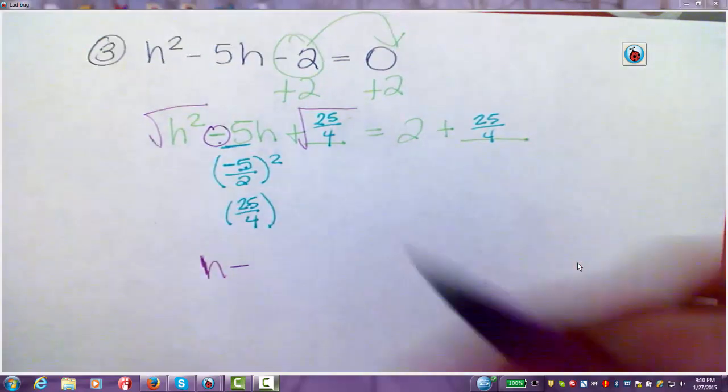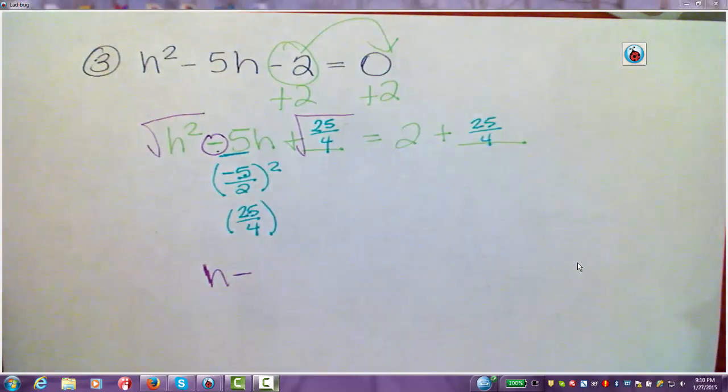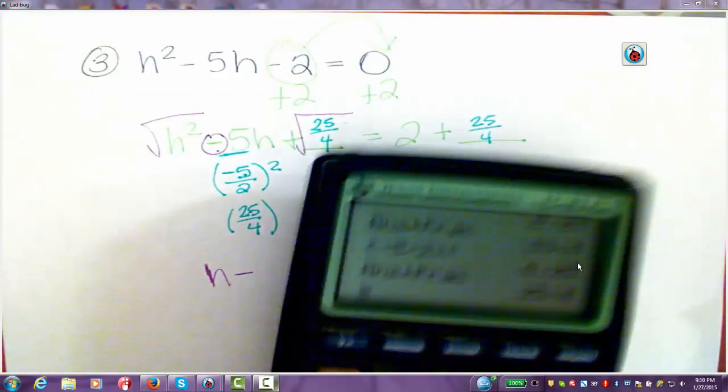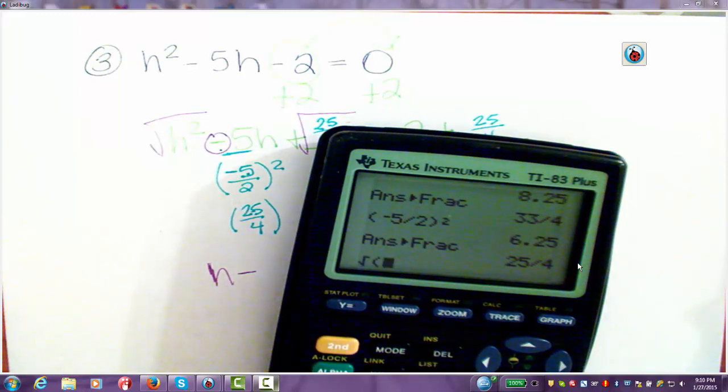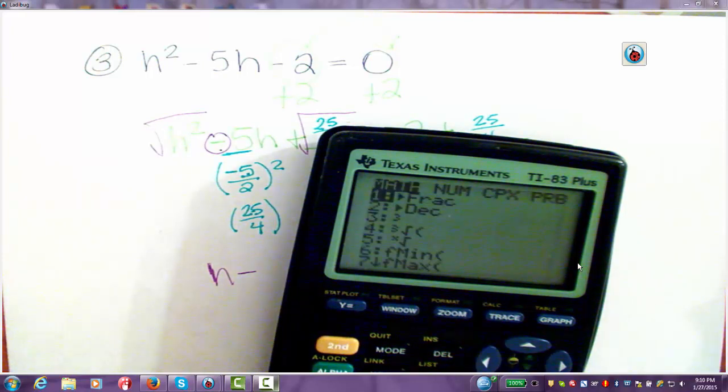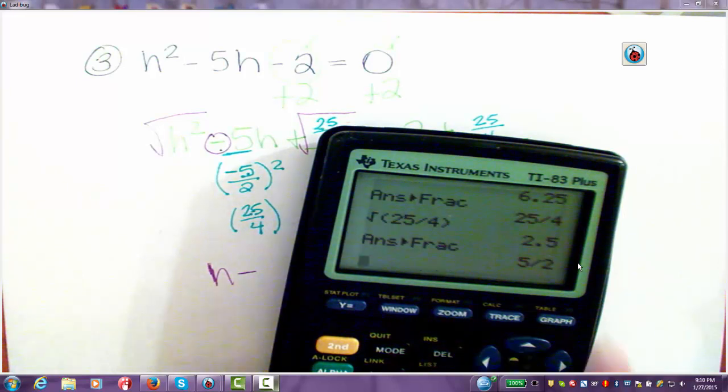And then the square root of 25 fourths is 2.5, so math 1 enter, so 5 halves.